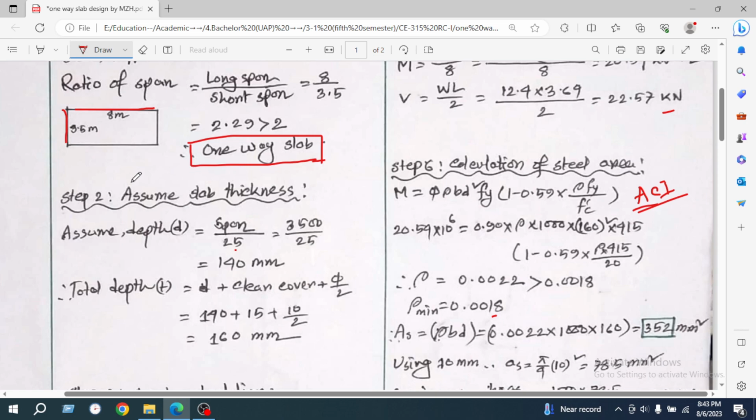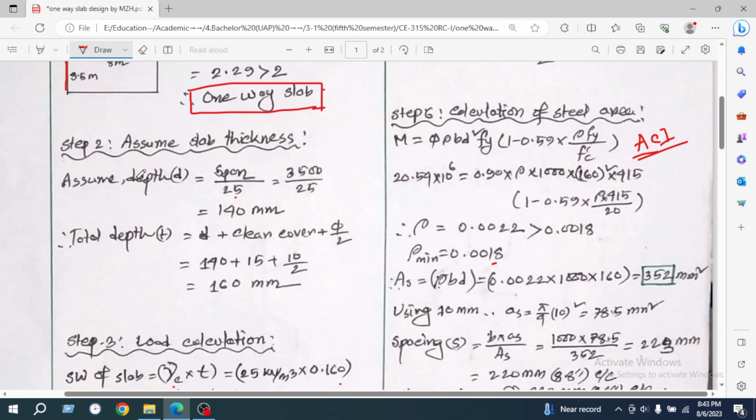So second step, we have to find out the thickness. There are various formulas for finding the thickness or depth of the slab. But we will use this formula, which is short span divided by 25.